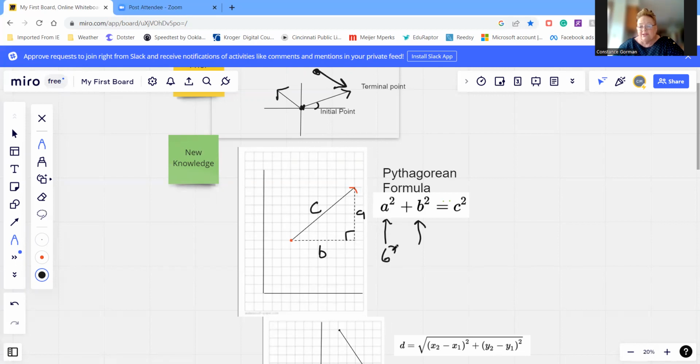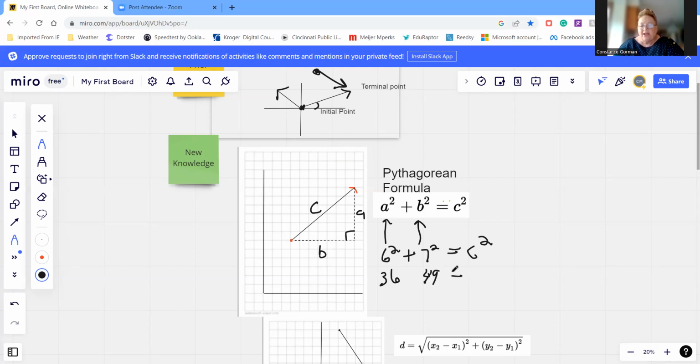So I'm going to put 6 squared here. For B we'll count the blocks here: 1, 2, 3, 4, 5, 6, 7. B equals 7, so we'll put 7 into our formula. So now we'll simplify at this point. 6 squared is 36, 7 squared is 49.